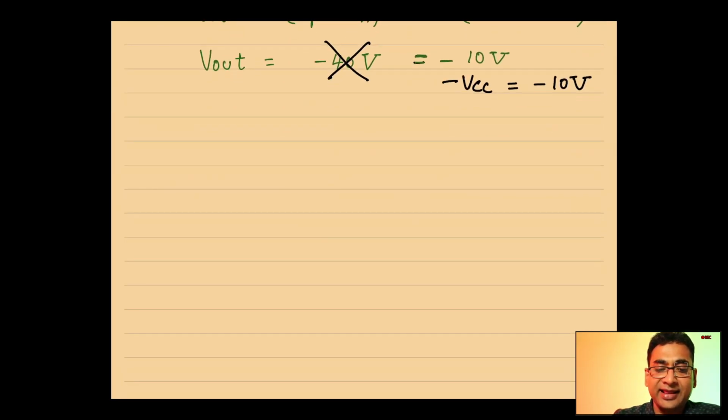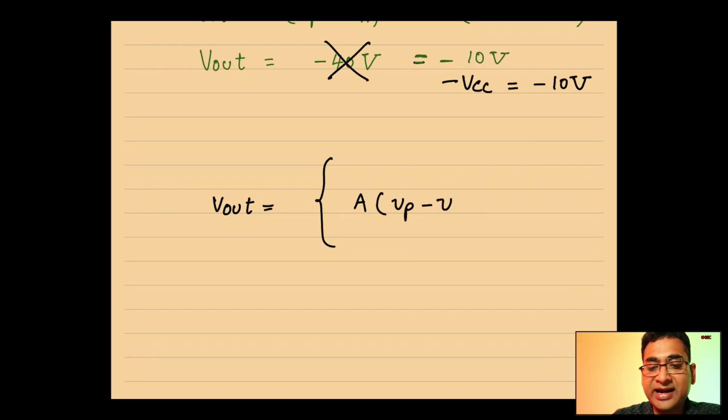So the operational amplifier has limits on the output voltage. We saw that the V output voltage is A times Vp minus Vn, if the output is between plus and minus VCC.